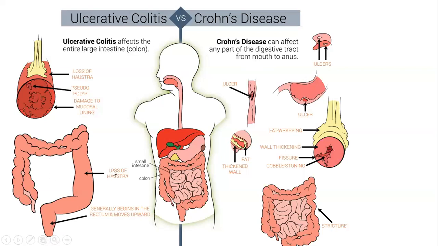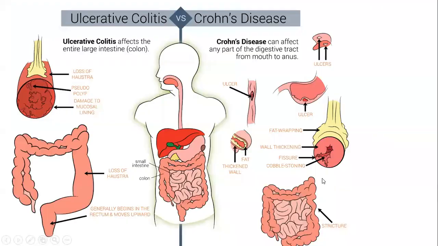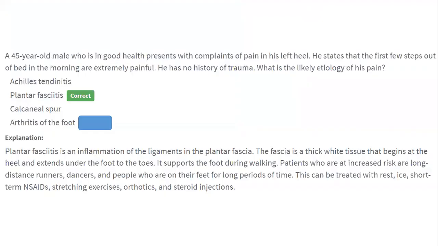So here we can see loss of the normal pattern of the rectum. Next, skin manifestation in the case of ulcerative colitis: you can see the redness, red spots, erythema nodosum. So this question says erythema nodosum, painful red nodules in the case of ulcerative colitis.